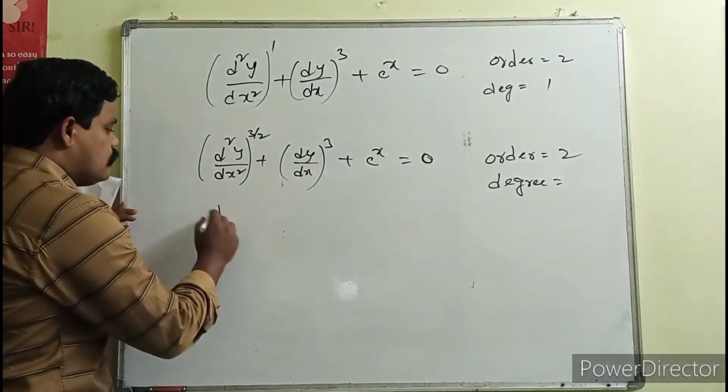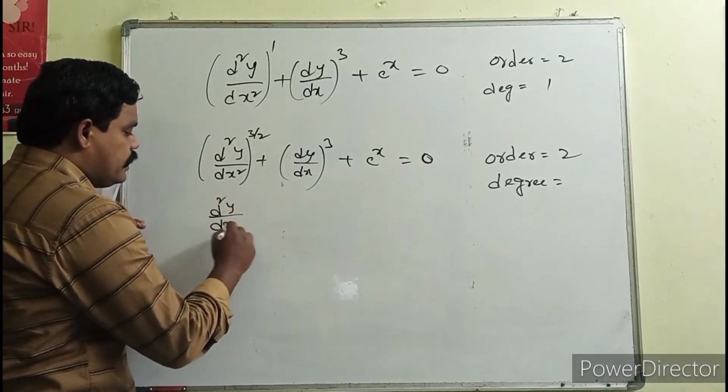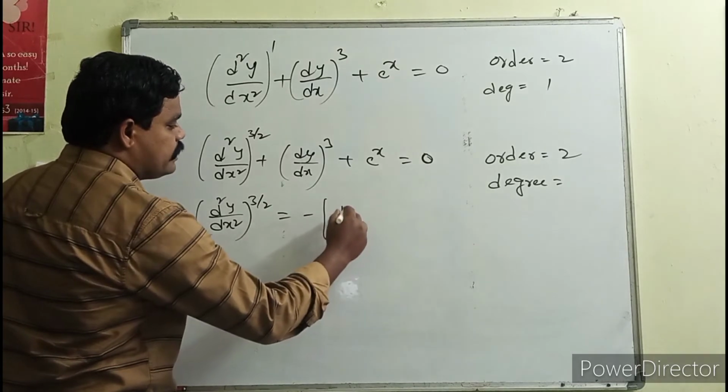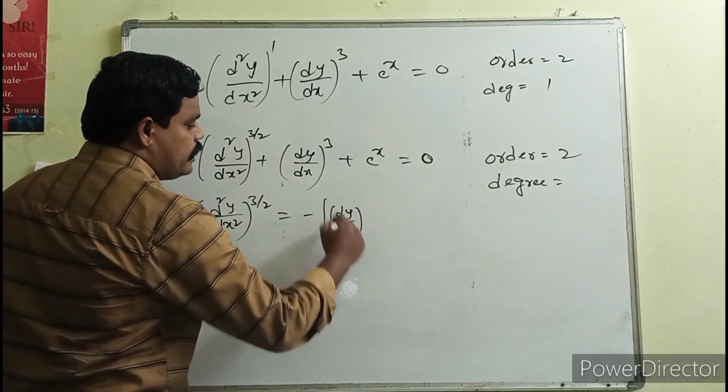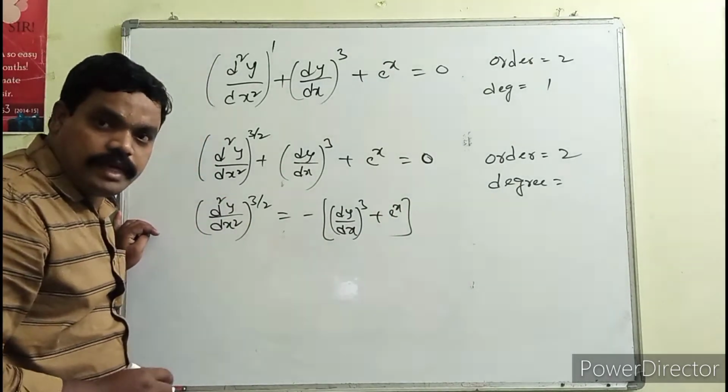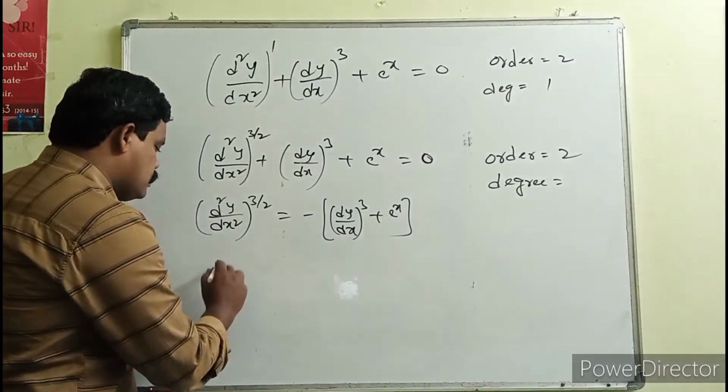So that's the reason. d square y by dx square whole power 3 by 2 is equal to minus of dy by dx whole cube plus e power x. Now apply square on both sides.